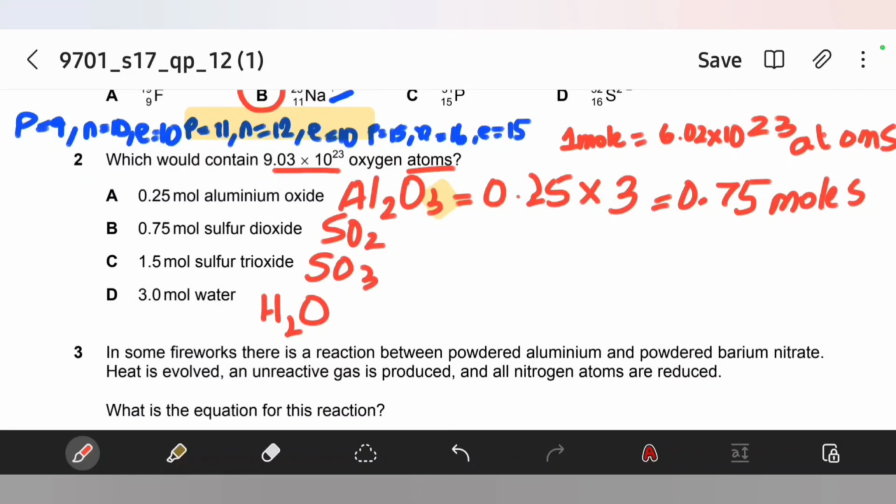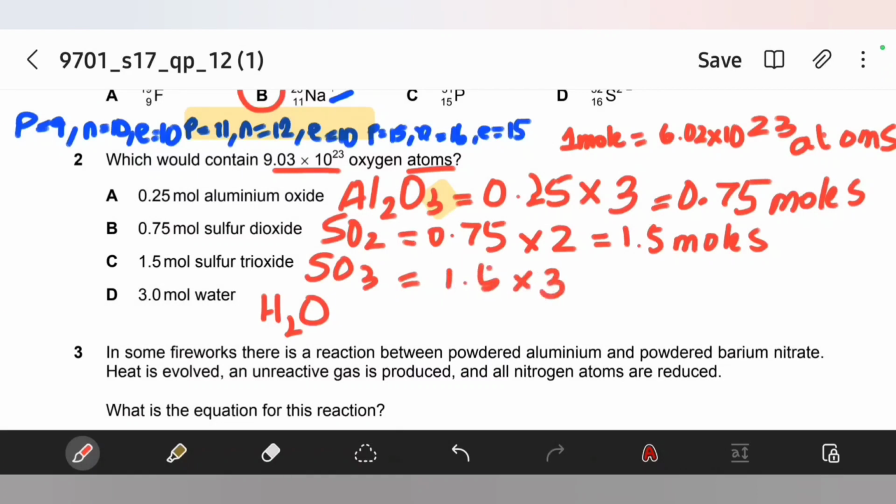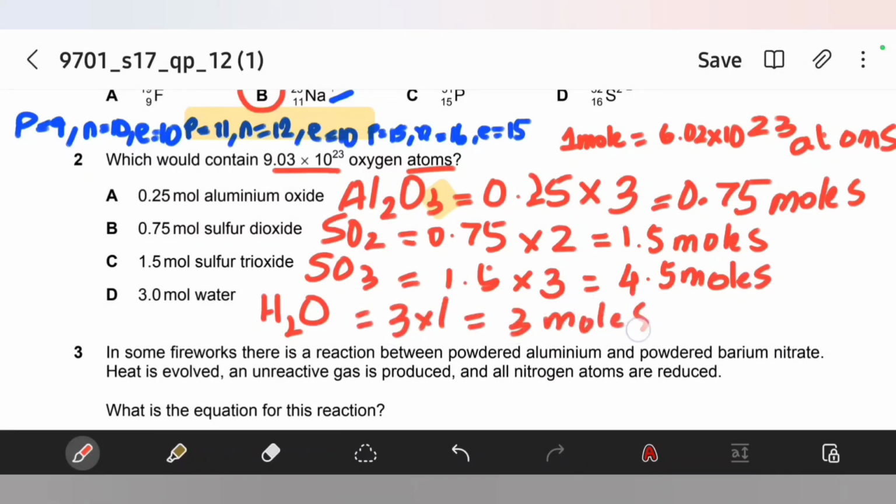Just like this for all the options, 0.75 into 2 according to the formula, which is 1.5 moles. 1.5 into 3, which is 4.5 moles. And lastly, 3 into 1 will remain 3 moles of oxygen.